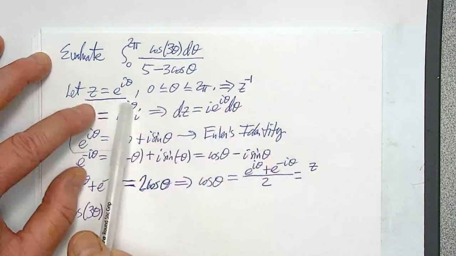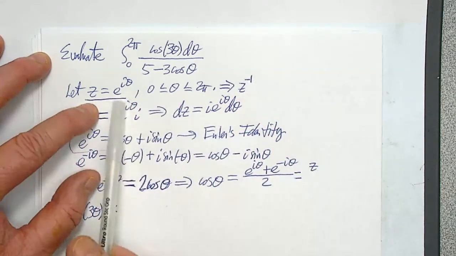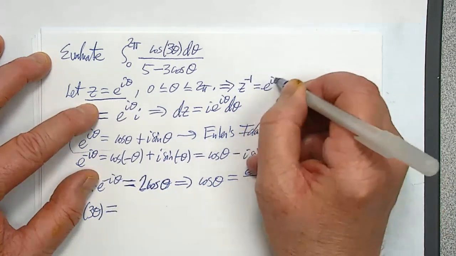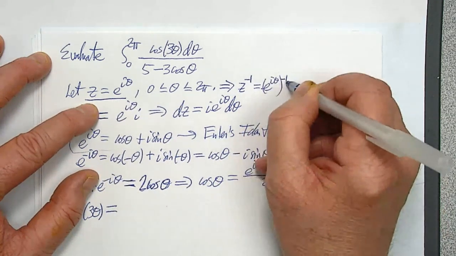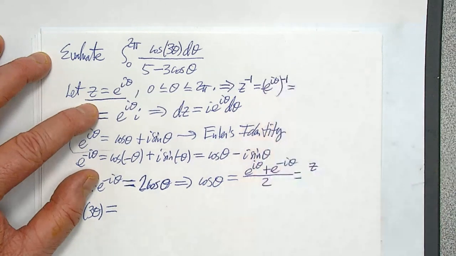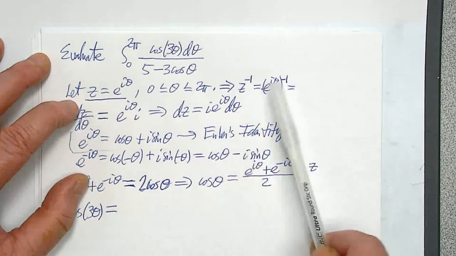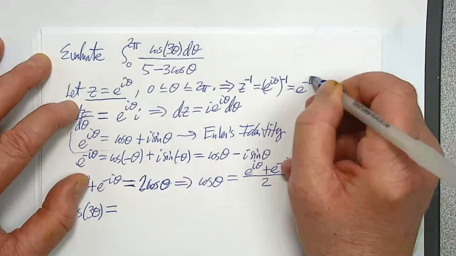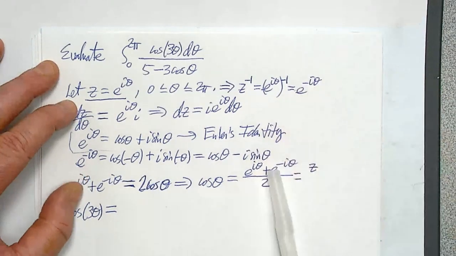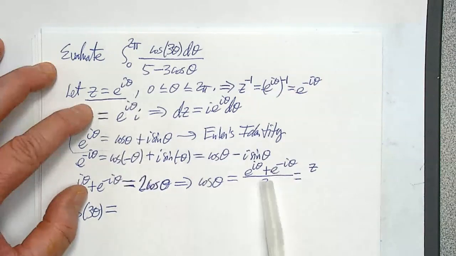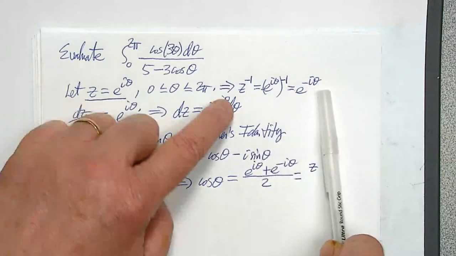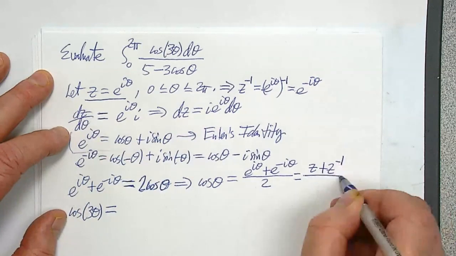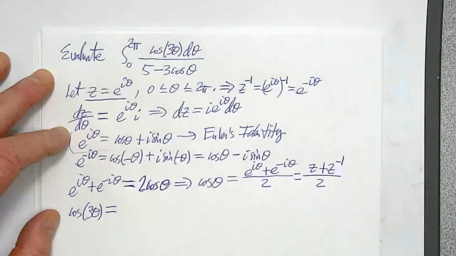Because we defined z to be this. If you had z to the minus 1, that would be the same as e to the i theta to the minus 1. And by properties of exponents, you multiply the exponents and get e to the minus i theta. And so e to the i theta is z, and e to the minus i theta is z to the minus 1. So we'll have that over 2.